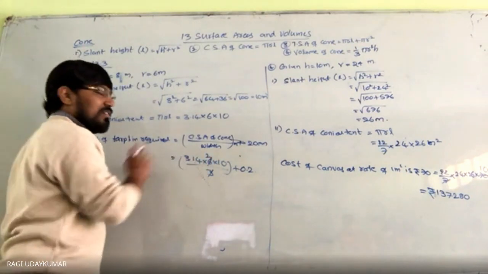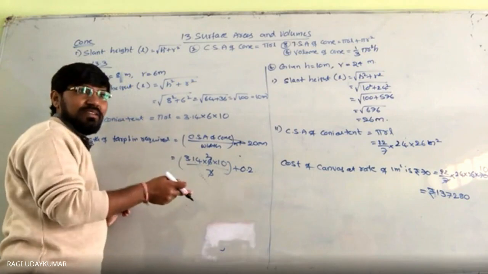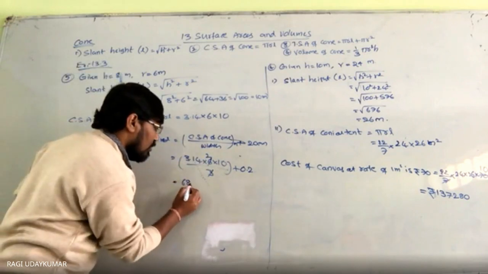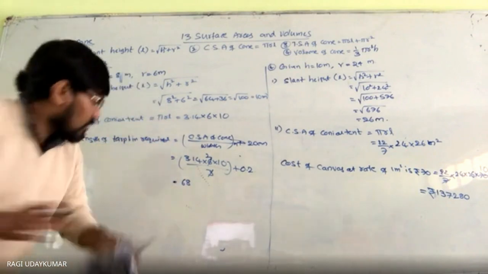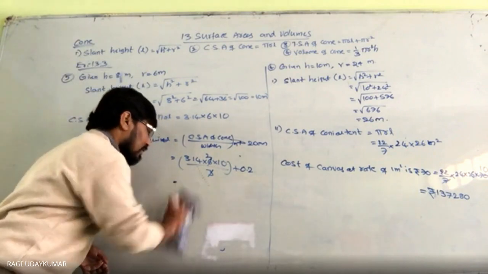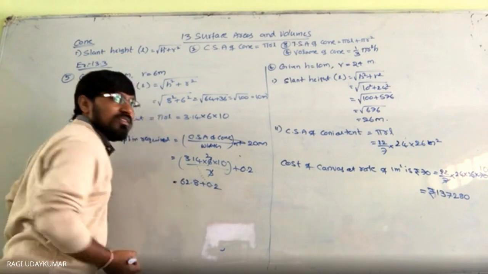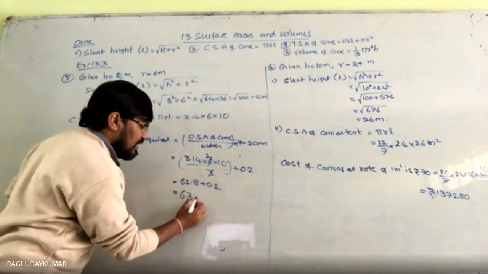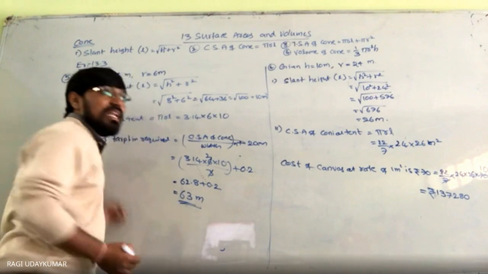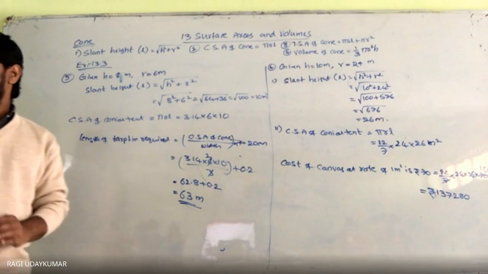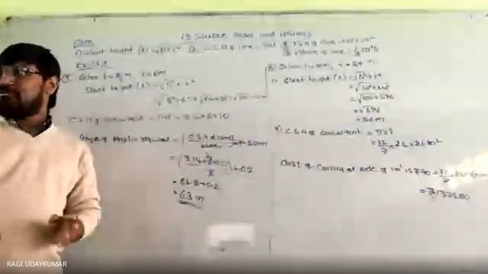So 6.28, 6.28 means 62.8. This is equal to 62.8 plus 0.2, which is equal to 63 meters of length. It is not meter square, this is length. Did you understand? Any confusion?